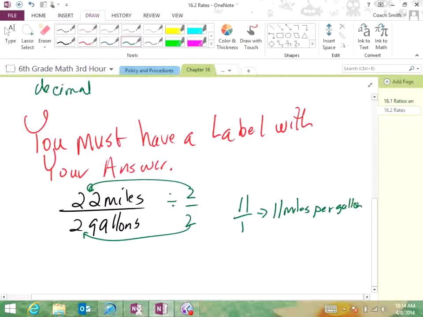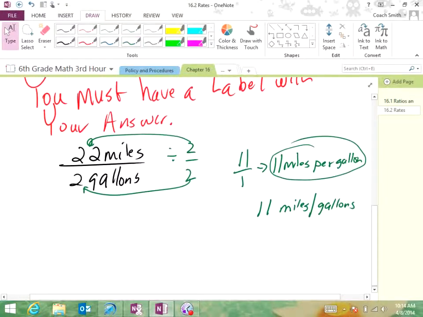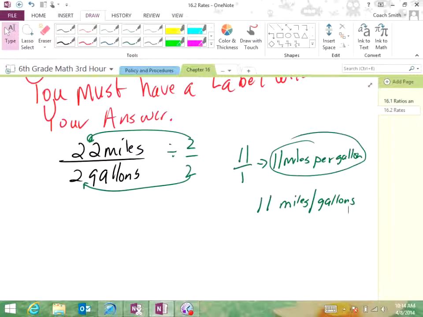Now, you could also write that as 11 miles/gallon. That's the same answer. And the acceptable abbreviation for that one is MPG. You see that on commercials all the time, especially nowadays when gas is so expensive.